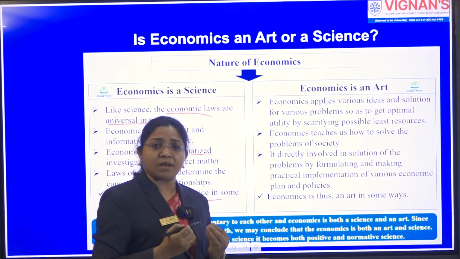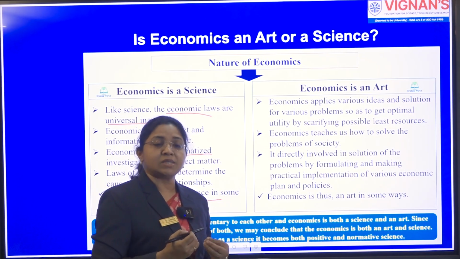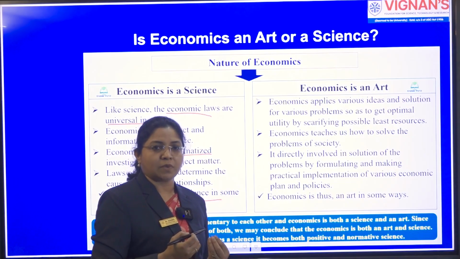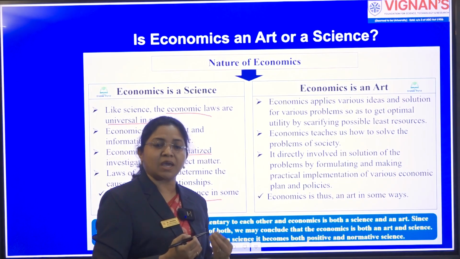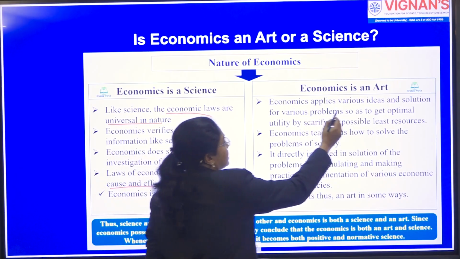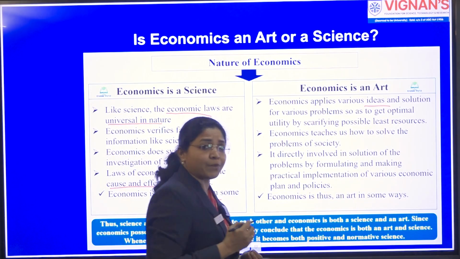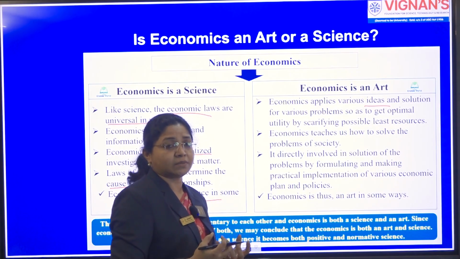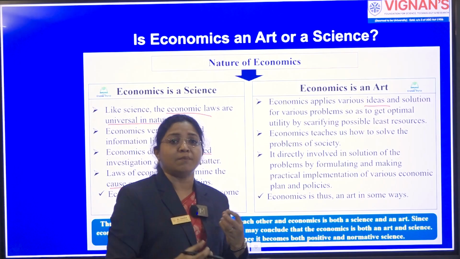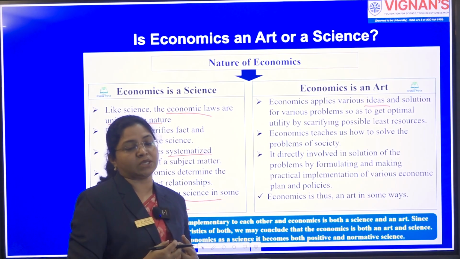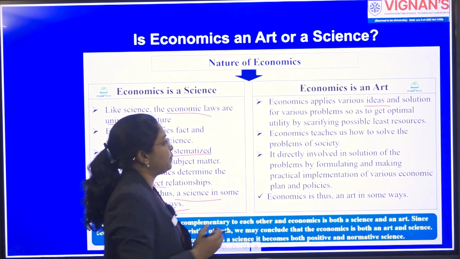Economics also is an art because the policies which we make are value based, moral value based, ethics based, and certain decisions which we take are skill based. So, economics applies various ideas. If we have a problem, from these ideas we can generate solutions. Based upon the situations, based upon the problems, we generate different types of solutions for these problems.